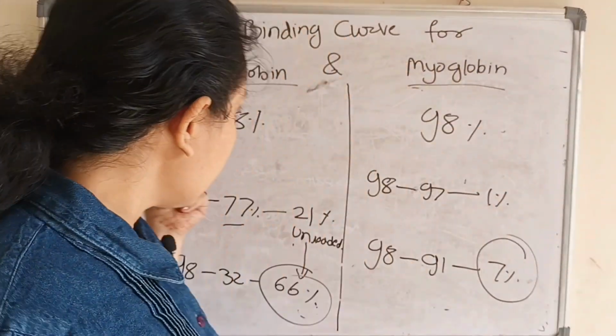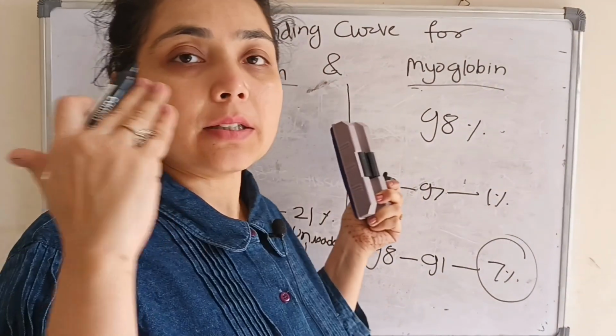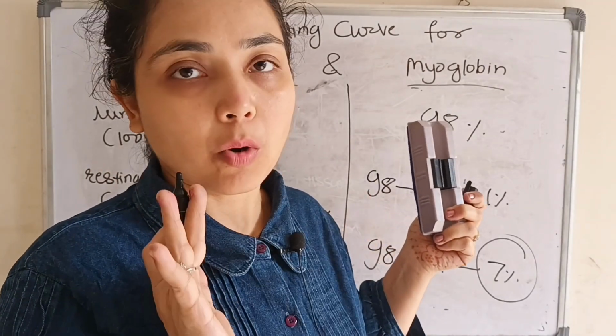Therefore, hemoglobin is used as a transporter protein by our body.